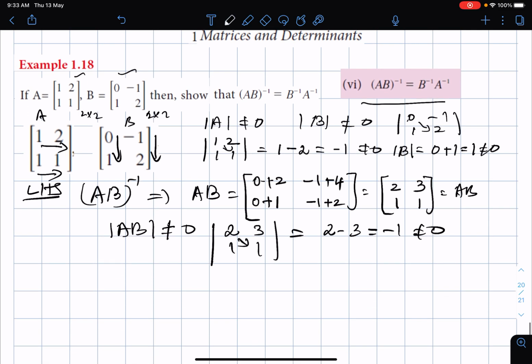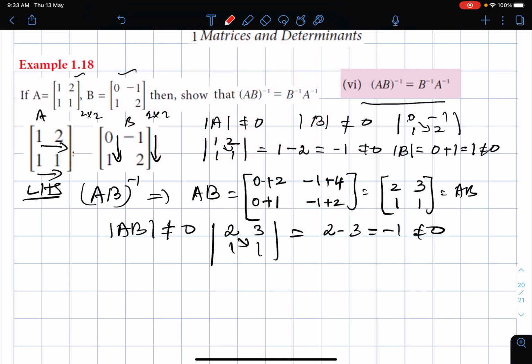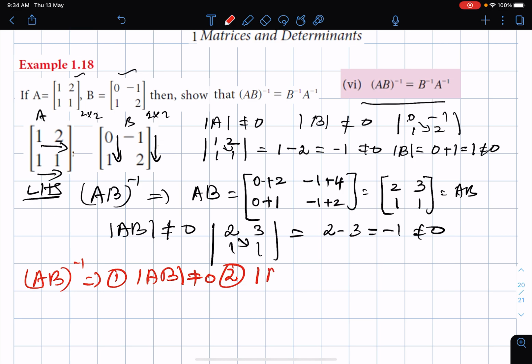So we can proceed. We have already seen 4 steps, isn't it? What are they, to find AB inverse? The 4 steps. First one, determinant AB not equal to 0. Second step, cofactor matrix.